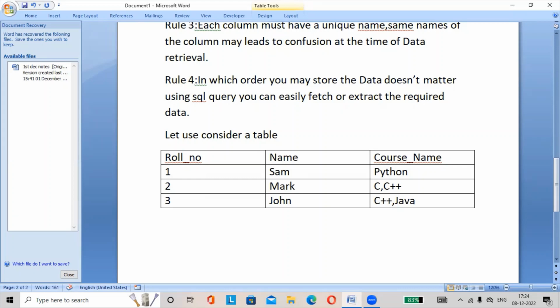Is this table in first normal form or not? Everyone please answer, ma'am.